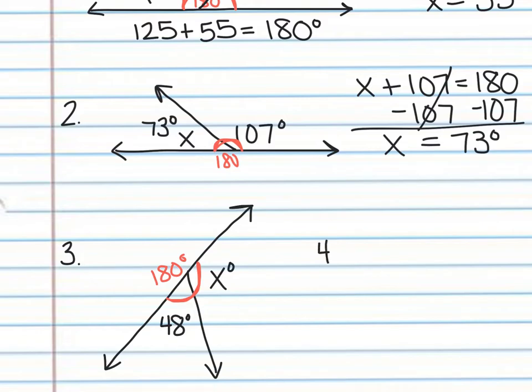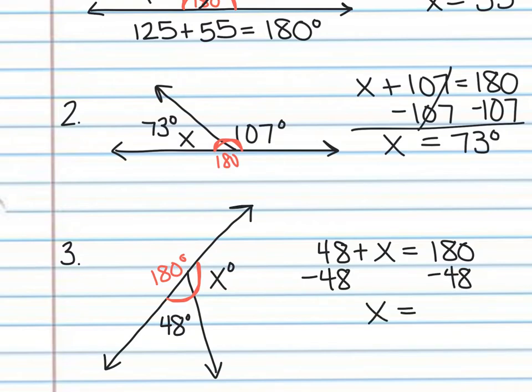So I know my two angles, 48 plus x, will add up to 180. We're going to subtract. We get x equals 180 minus 48, which is 132 degrees. So this missing angle here was 132.